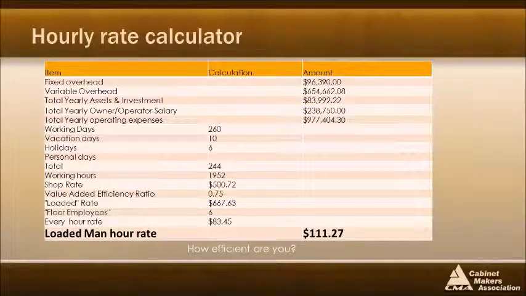Out of a 40-hour work week, they get like 28.8 hours worth of billable time out of each employee. The national average, U.S. average for manufacturing, this is just across the board manufacturing, is actually at 40% or less. So that means out of every 40 hours that you pay an employee, you're actually only getting 16 hours worth of work out of them, and that includes yourself.